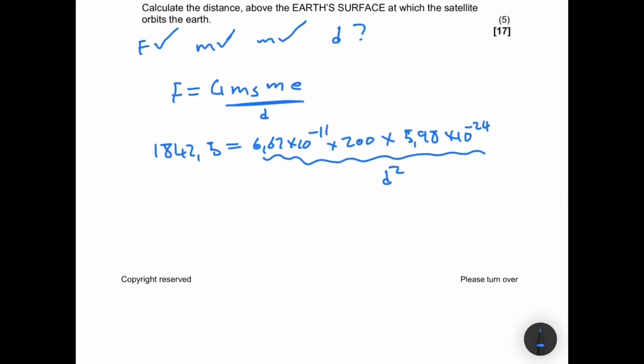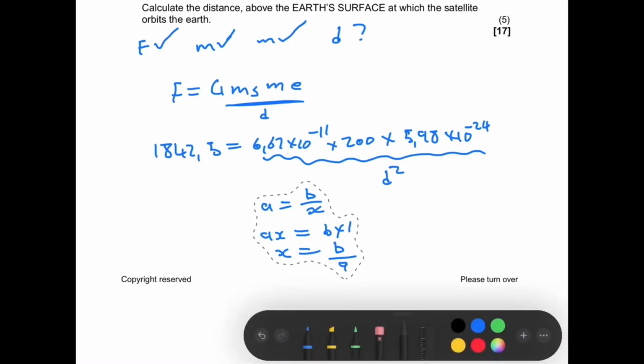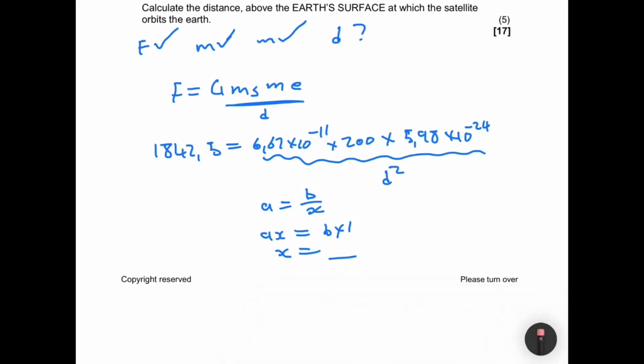We know that if A is equal to B divided by X and you want to find X, you cross multiply. You get AX equals B multiplied by 1, so X is equal to B divided by A. We apply the same idea here, where our X is D squared.